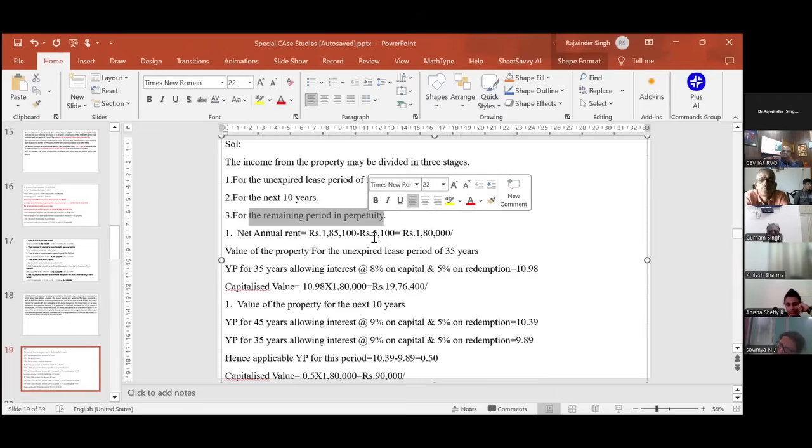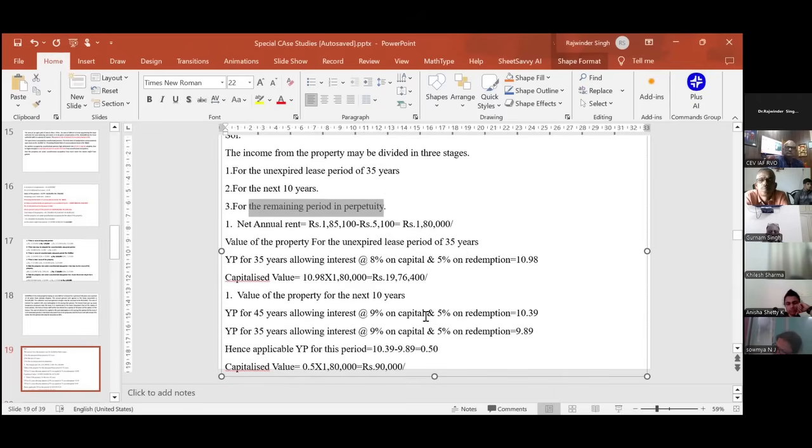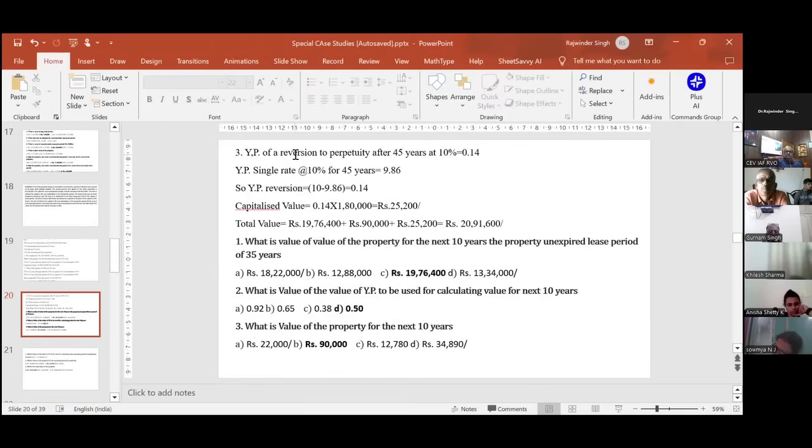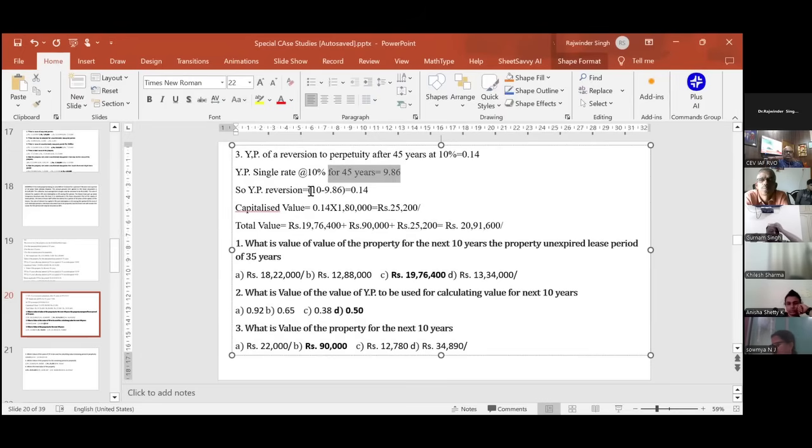So for the third period, the YP of a reversion to perpetuity after 45 years, YP single rate for 45 years is 9.86. YP reversion will be YP 10 minus 9.86. YP will be 0.14.